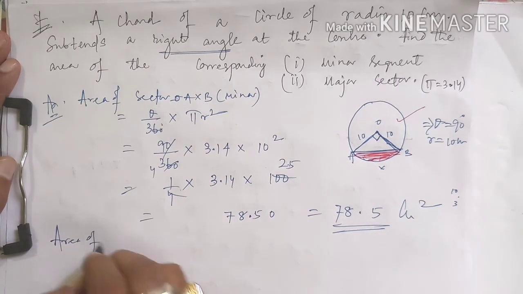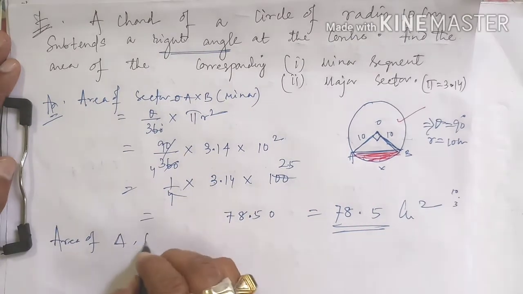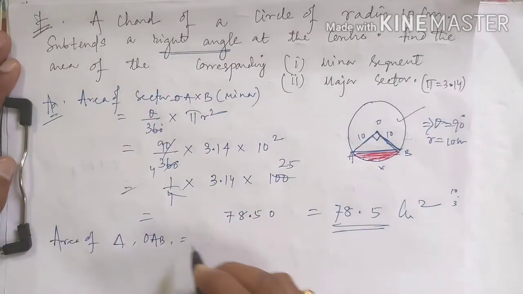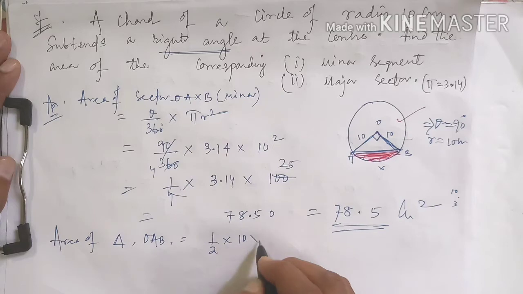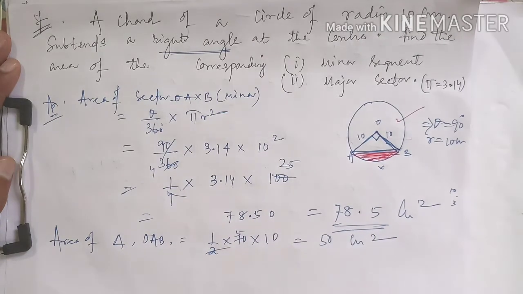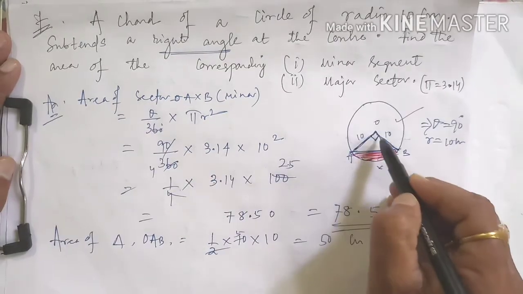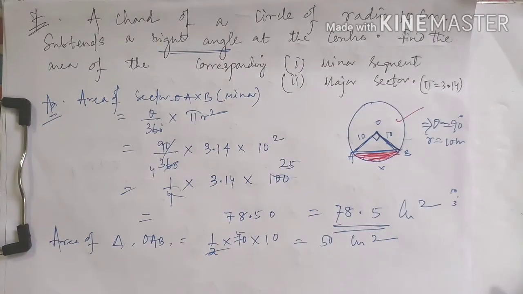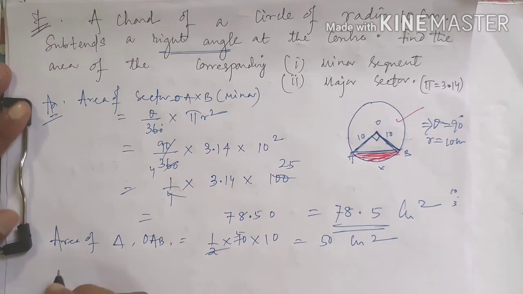Area of triangle OAB, as it is right angle triangle, so you can find it is half base into height, 50 square centimeter. Base is 10, height is 10, no? So 10 into 10, 100 by 2, 50 square centimeter.